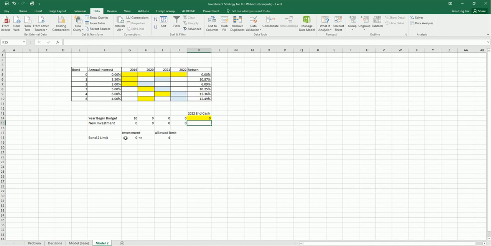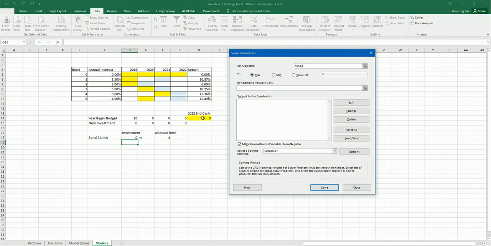Still have a bond 2 limit. The investment in bond 2 needs to be less than 40% of the total of 10 million, so 4 million over here. Solver, try to maximize the cell by changing. Here you just simply select. If you're using a PC, you can hold down Control and select those yellow cells.